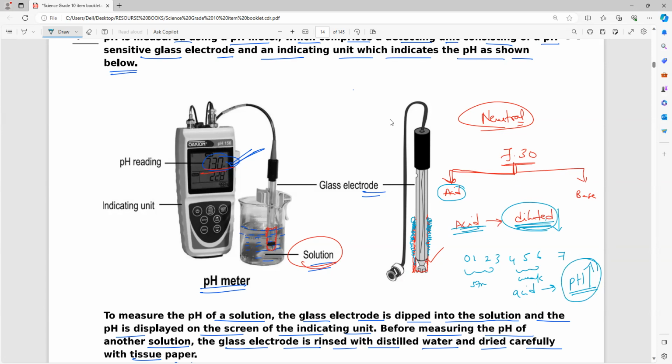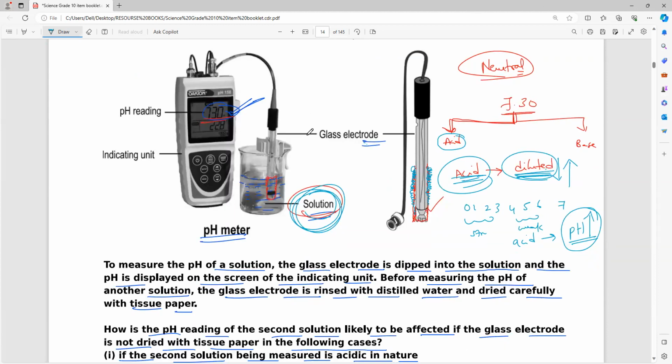So if I directly dip the glass electrode after measuring the pH of a neutral solution, my acid pH is going to increase. So it will show a slightly higher pH reading than the actual pH reading of the acidic solution. Is it right or wrong? Everybody, do you understand, all of you?